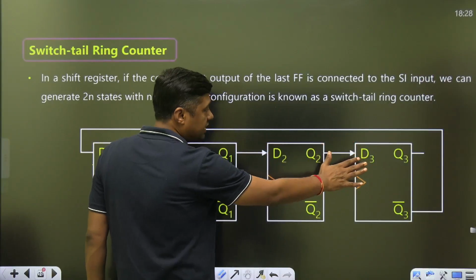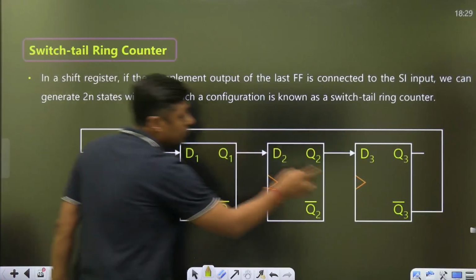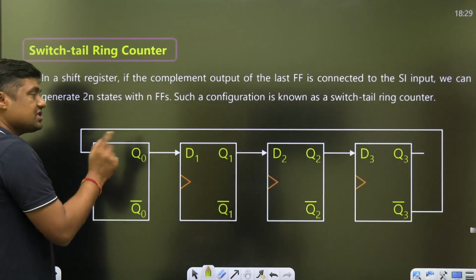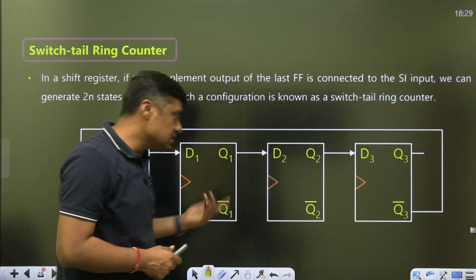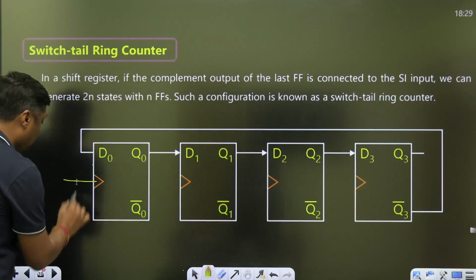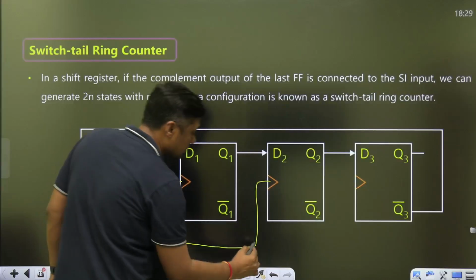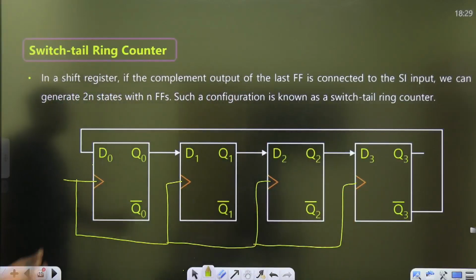Up to this point everything is fine, but here this is not the input. Q3 bar is the input for the first one. Okay, so there is a change. Because of this change, this is again a shift register and we are giving the same clock pulse here, meaning it is a synchronous counter. It is a shift register, again right shift.